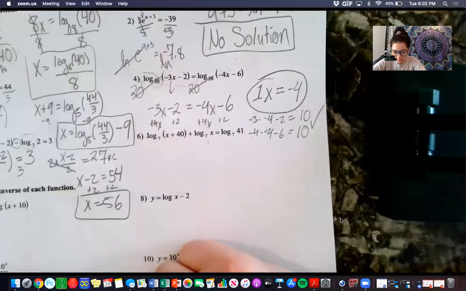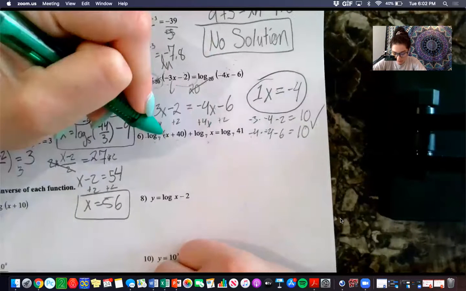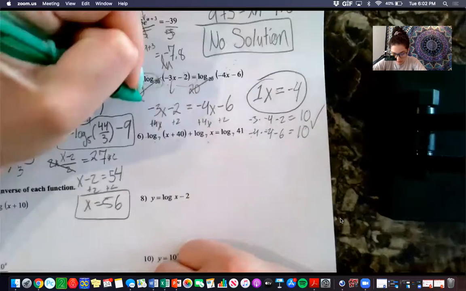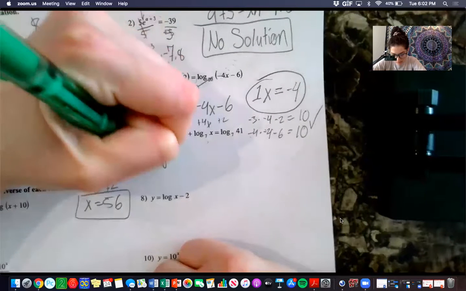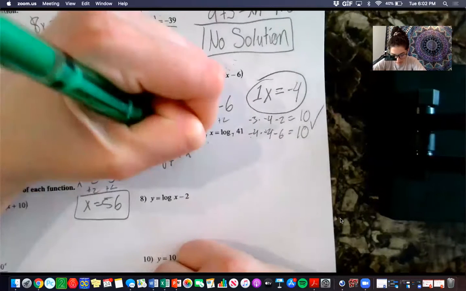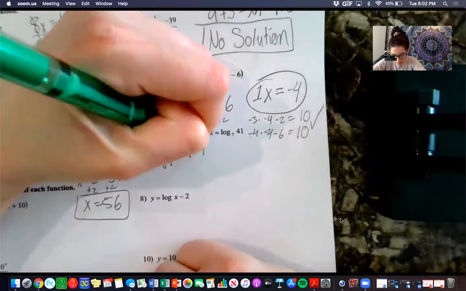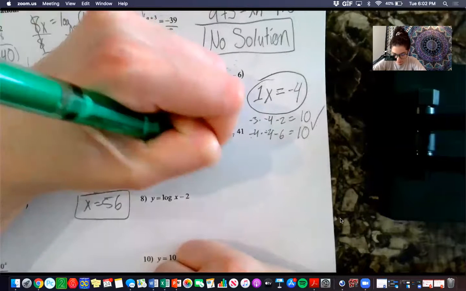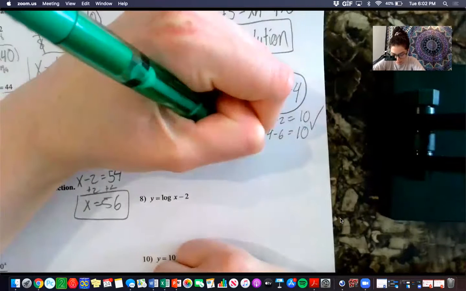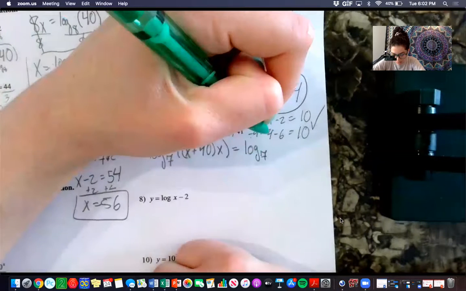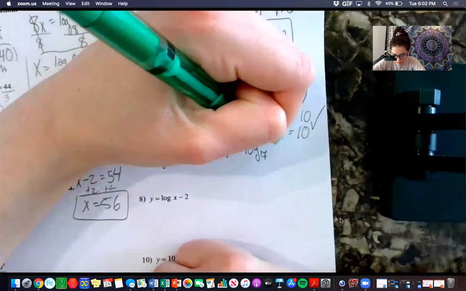So we are adding, which really means that we are doing multiplication. So this is log base 7 of x plus 40 times x. And that equals log base 7 of 41.